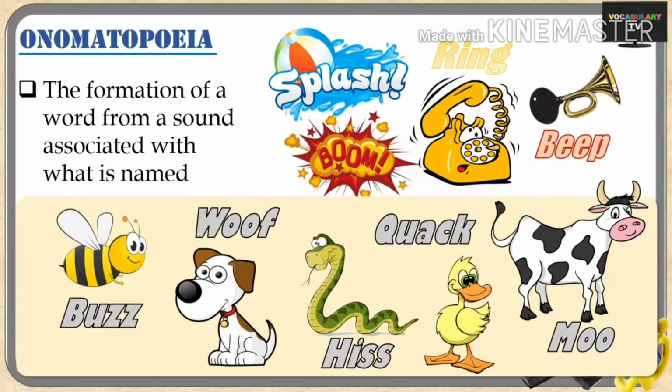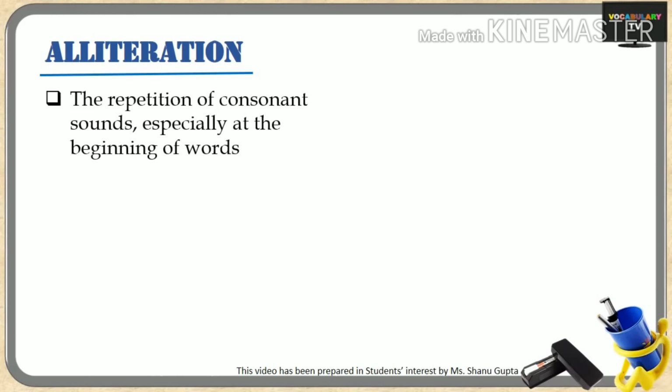Our next figure of speech based on sound effect is alliteration. Alliteration refers to the repetition of consonant sounds, especially at the beginning of words.